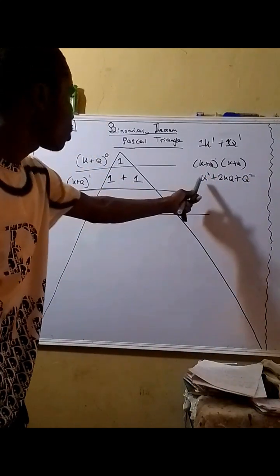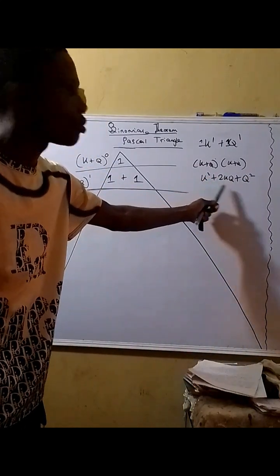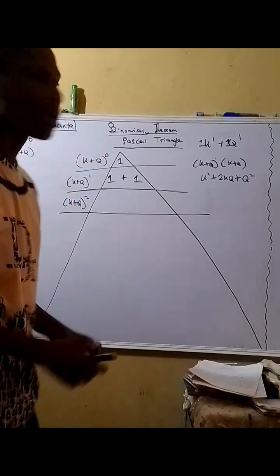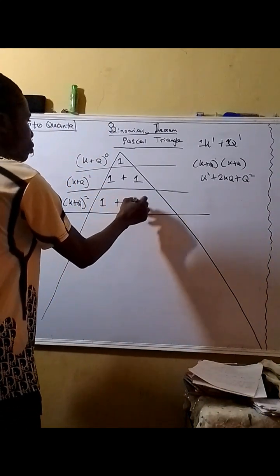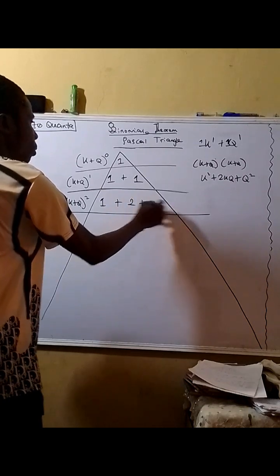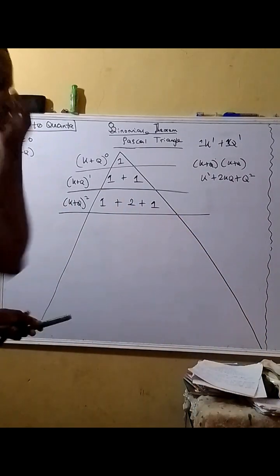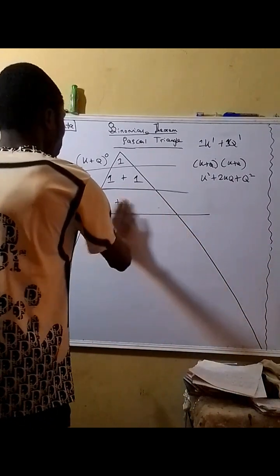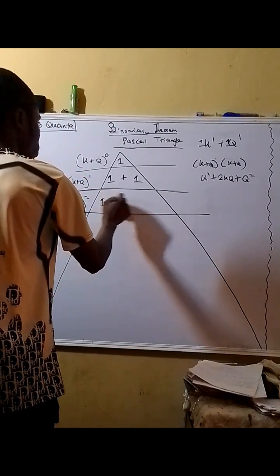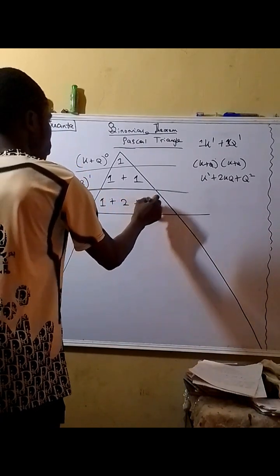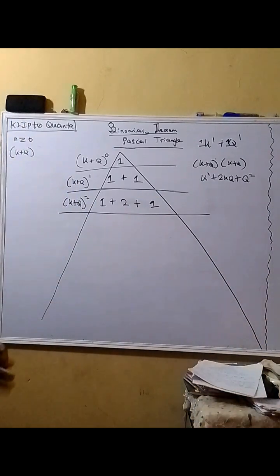The coefficient of k squared here is 1, the coefficient of kq here is 2, the coefficient of q squared here is what? 1. That means we'll be having 1 plus 2 plus 1. Now you get what I'm saying?